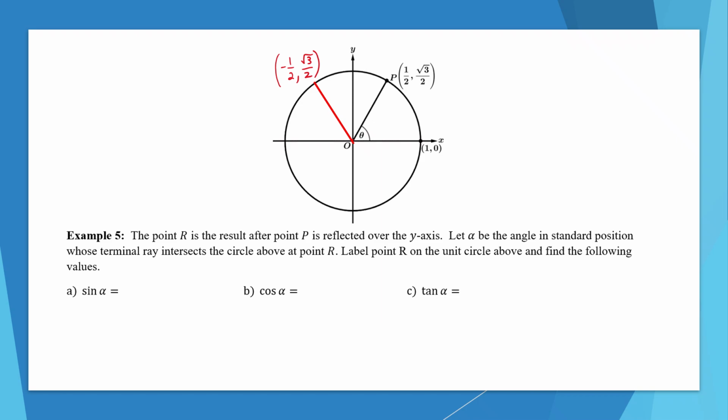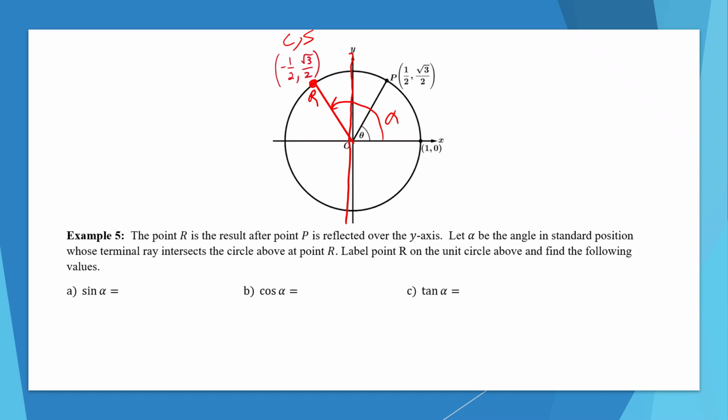All right, so now taking a look at example 5, we now know the point R is the result after you take point P and reflect it over the y-axis, so that line of reflection there. Let A be the angle in standard position whose terminal ray intersects the circle at point R. So this is going to be A, or alpha there. Label point R on the unit circle above and find the following values. So here, this is going to be point R. Our coordinate should be -1/2 and then √3/2. And so let's find our values knowing that this is cosine, comma, sine.